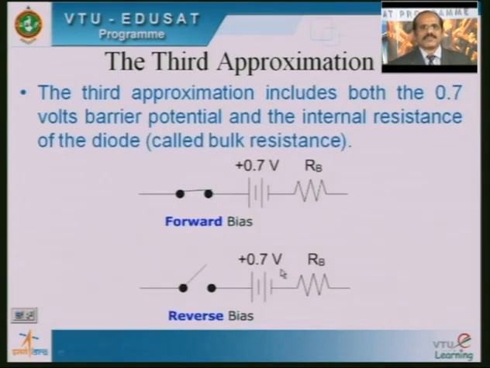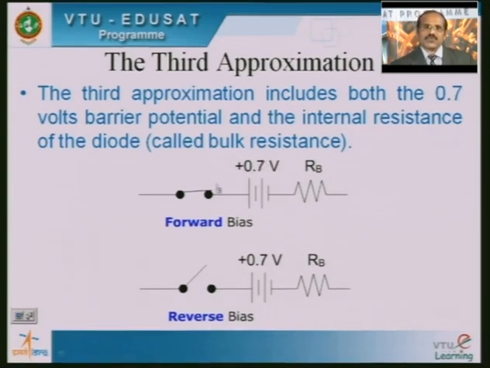In case of the third approximation, it includes both the 0.7 volts barrier potential and the internal resistance of the diode, that is called the bulk resistance. Therefore, when the semiconductor diode is forward bias, the diode is represented by a closed switch in series with the 0.7 volts barrier potential, which is once again in series with the bulk resistance, represented by RB here.